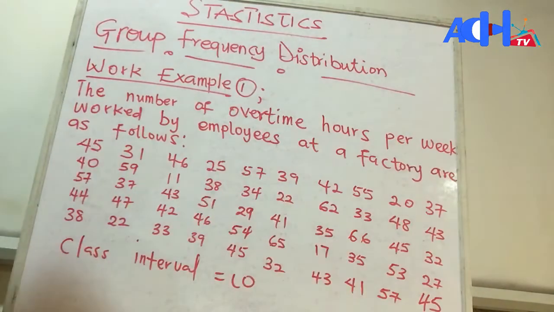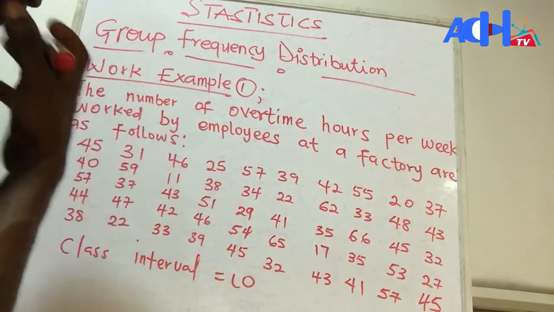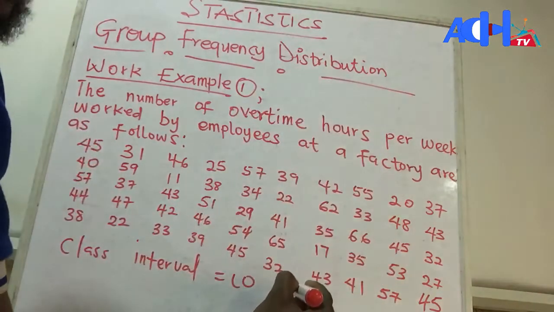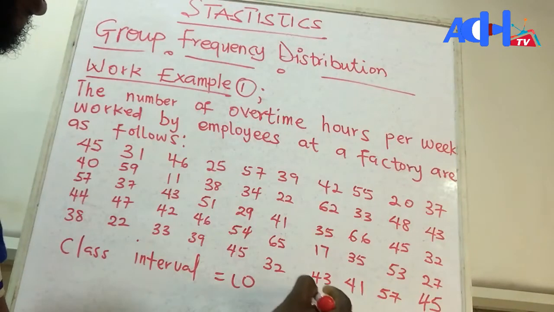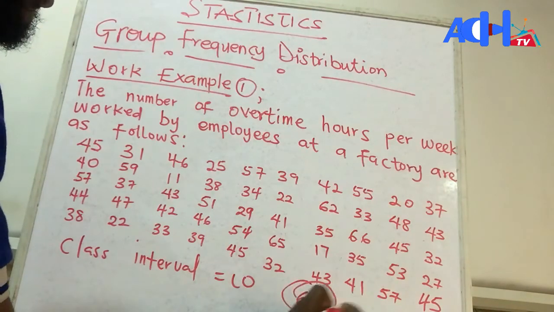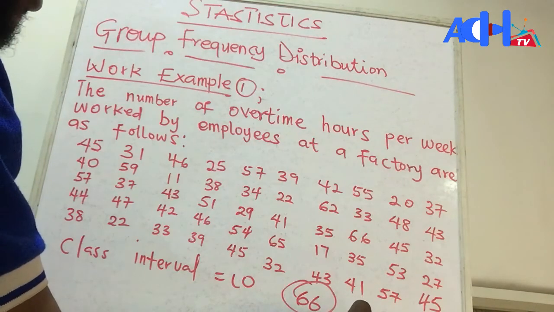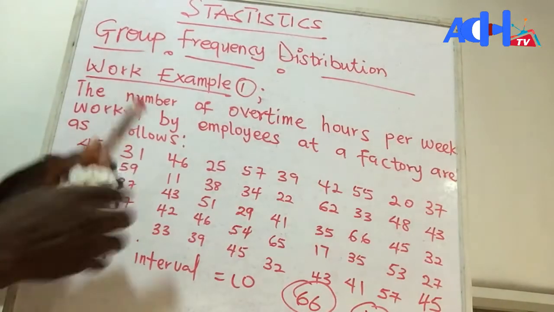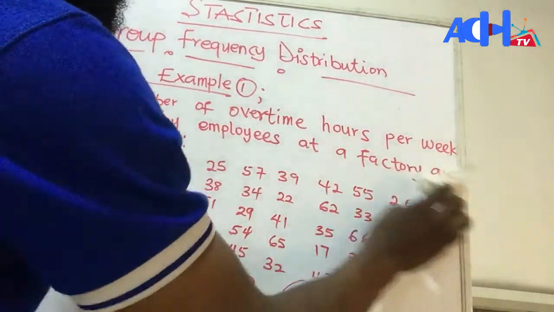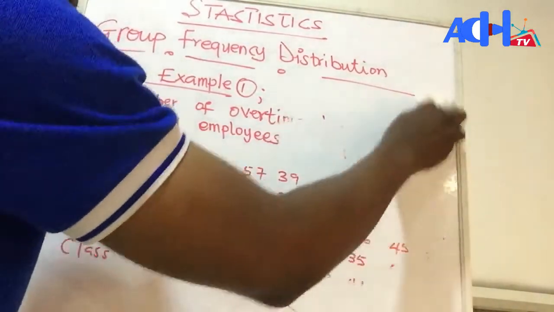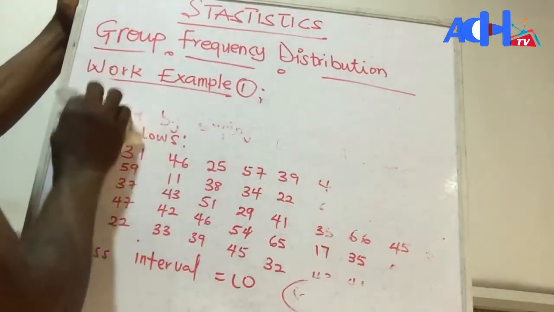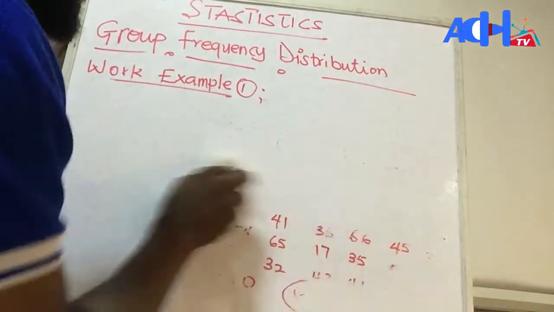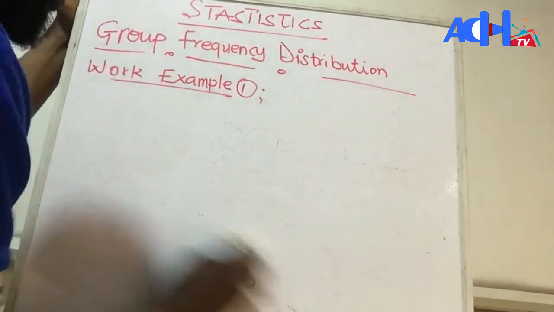So before I clean, the highest value here is 66, which is the highest value, and then the lowest value is I think 11. So let me clean this and then write it all for you to see. So we are going to write the highest value and the lowest value.